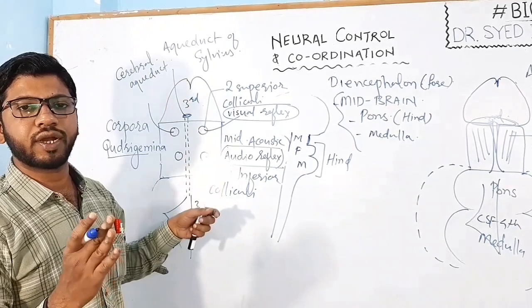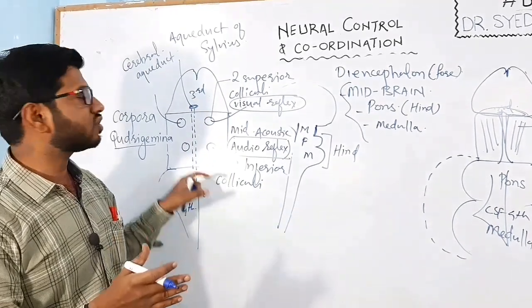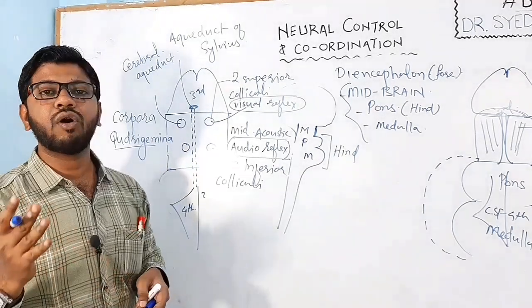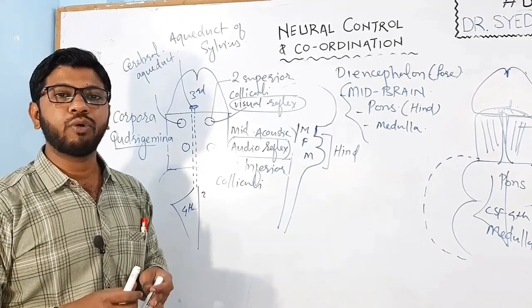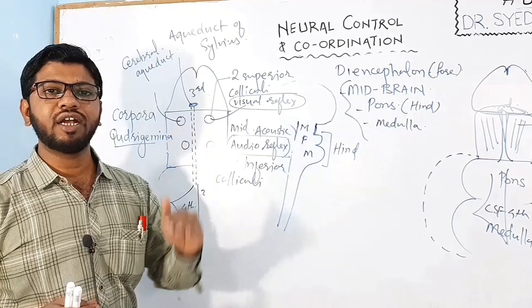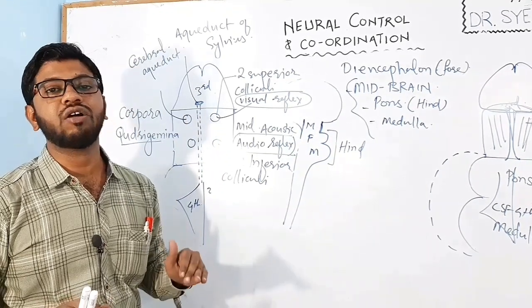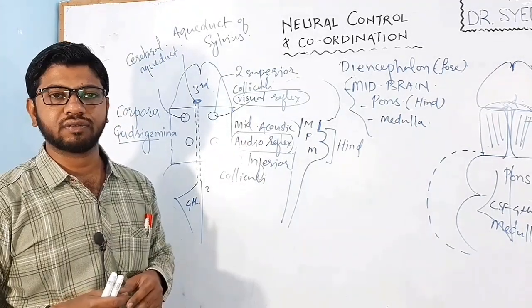But this tube is situated deep in the posterior part. On the surface of the posterior part, the four spherical projections are the corpora quadrigemina, two superior for visual reflexes and two inferior for acoustic reflexes, also called audio reflexes.